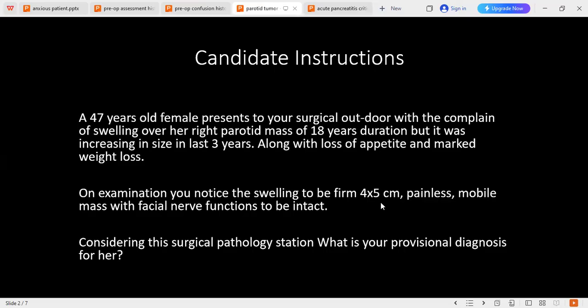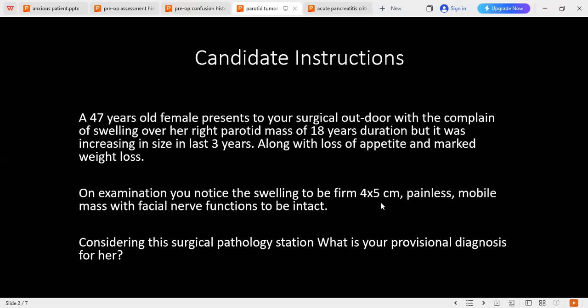After you've done your investigations and you've come to that, okay, the patient is having a parotid tumor, what management would you suggest for the patient? After complete history and examination, I would like to do some blood investigations, complete blood count to rule out any infectious element, and urea and electrolytes.